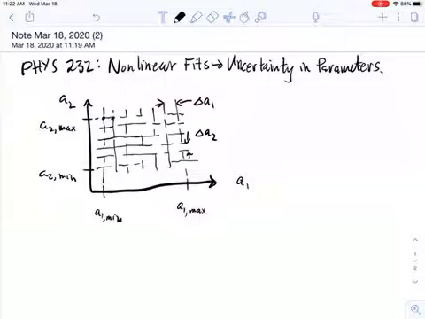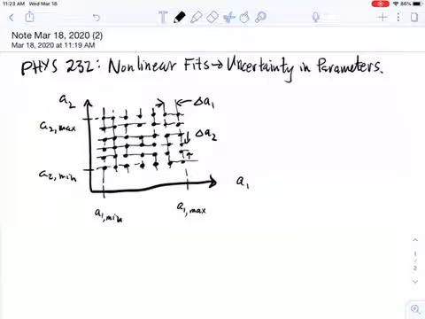And we just calculate chi-squared at every single point on this grid, and make a table of the values of chi-squared and the corresponding parameters a1 and a2. Now I'm drawing this as if there's only 2 fit parameters, but you could imagine generalizing this to any number of fit parameters.